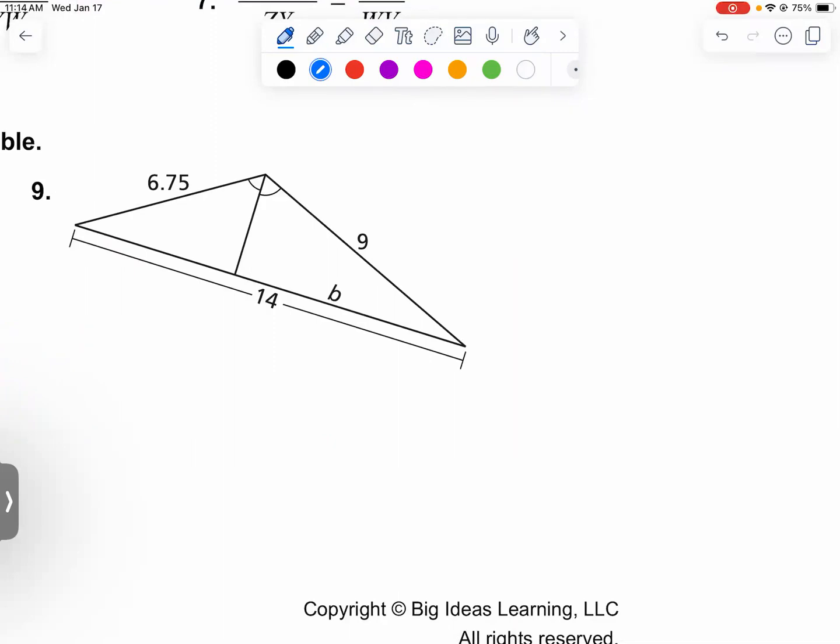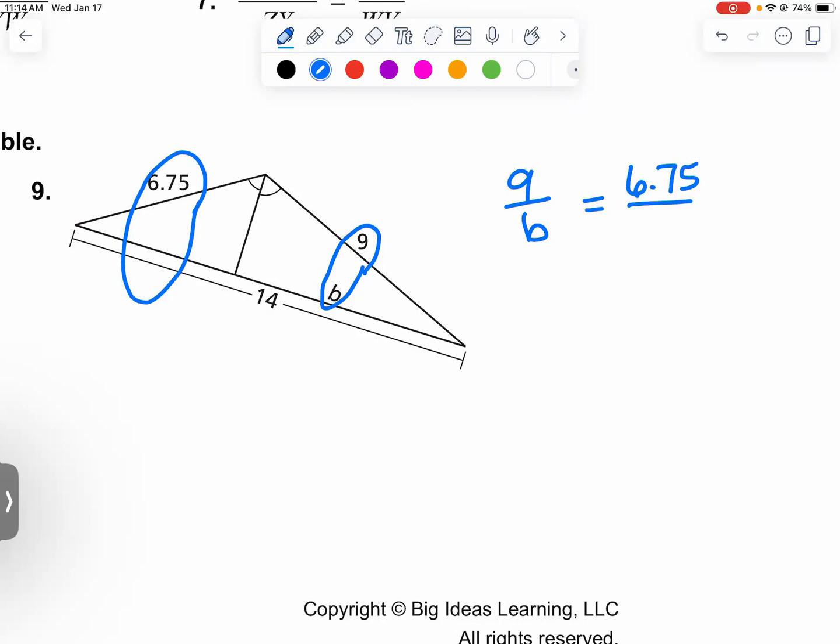In number 9, we have the same thing happening, right? So I can put 9 over B. What do we do for our second fraction? So 6.75 over what? If they bisect, aren't they supposed to be similar? Yeah, but how long is this side right here?